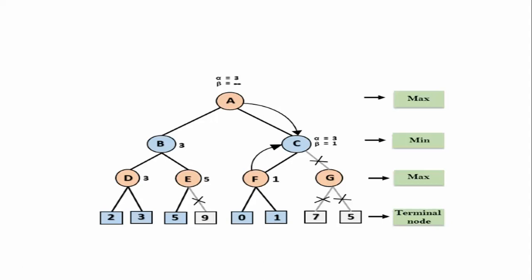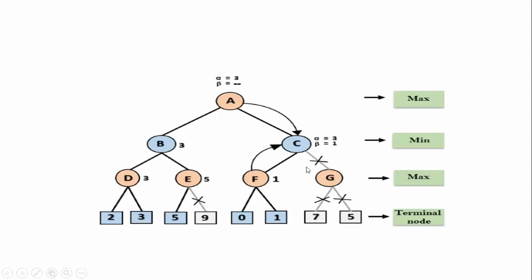So minimum value we have to consider. What is the minimum value? We have 1 here. Remaining, I am going to check what is the condition to prune the tree? Alpha is greater than or equal to beta. So if alpha is greater than or equal to beta, is it right? Yes, 3 is greater than 1, then no need to visit this entire subtree.